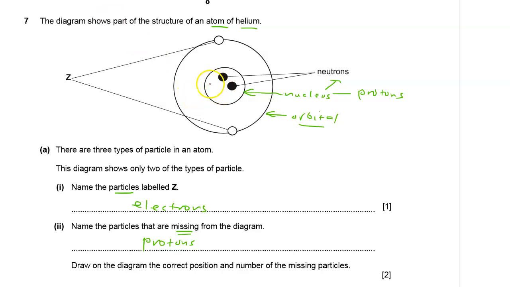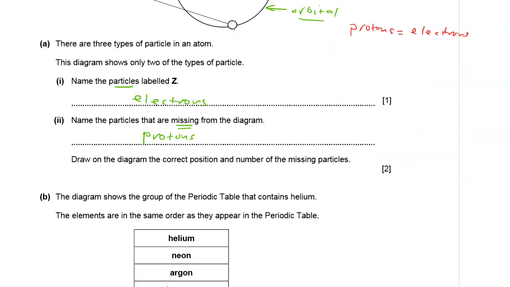So the particles are protons, and you know that protons are always equal to the number of electrons in an atom. Of course, this is not an ion, it's an atom. So we have 2 electrons, 1, 2. So we have 2 protons, and the protons are located inside the nucleus together with the neutrons. So right there, our protons.